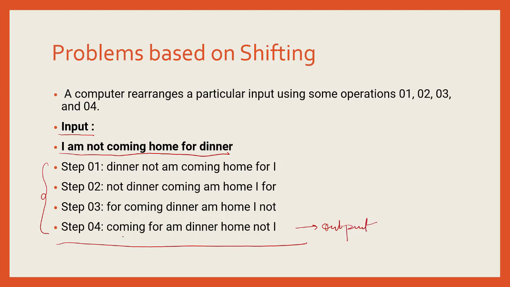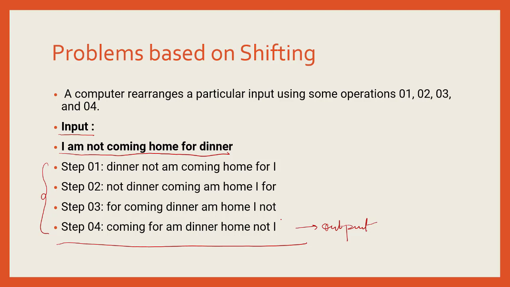And here I can see: coming for am dinner home not I. You cannot see that the words are arranged in alphabetical order. So there is no specific order. It's just that the words in the input string have been jumbled up following some pattern. So this is a classic question on shifting.